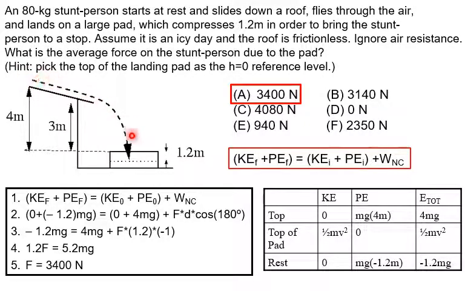They fall some vertical height, and a pad then opposes their motion as they fall. You have some initial energy in your system, some final. There was work done by a non-conserving force, and you need to practice picking some reference height, keeping in mind that potential energy is relative to a reference height.